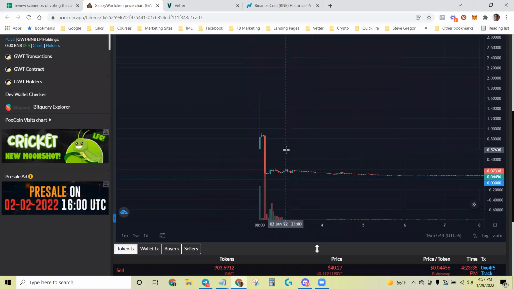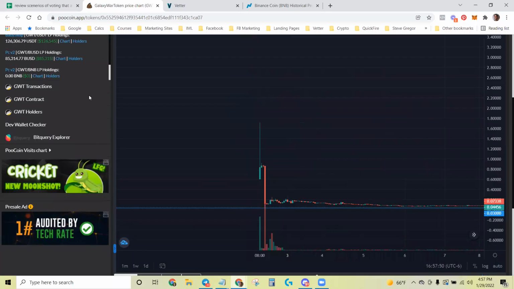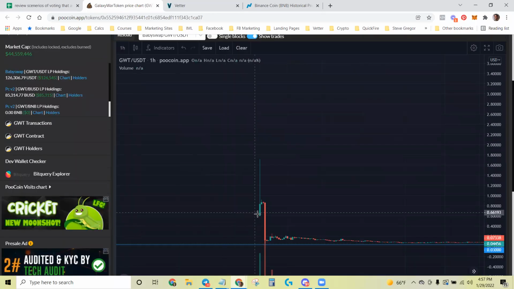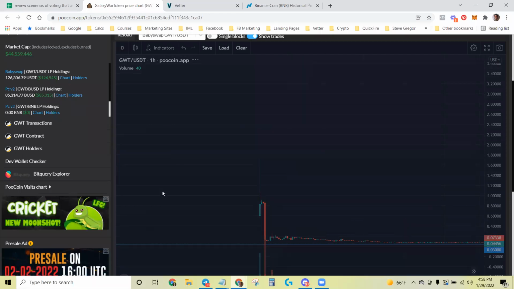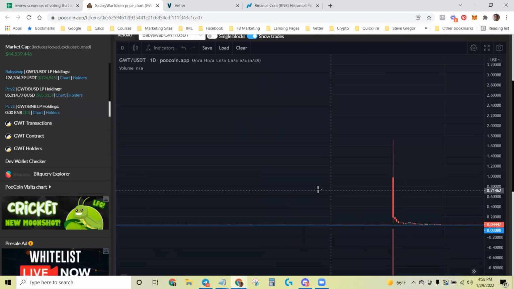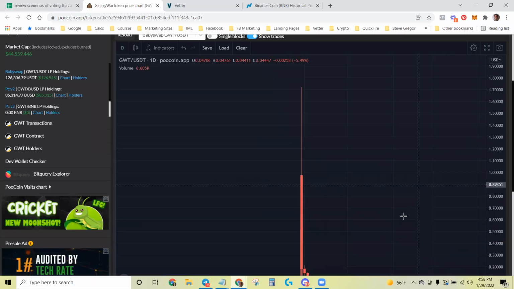Yeah, this is common with IDOs. How many minutes or hours did they have an opportunity to make a pretty big profit? We're on the hour, so they actually had 4 hours. Okay, so that's definitely a success in the 24-hour time frame. Yes, and on the 7-day, because we're still above.